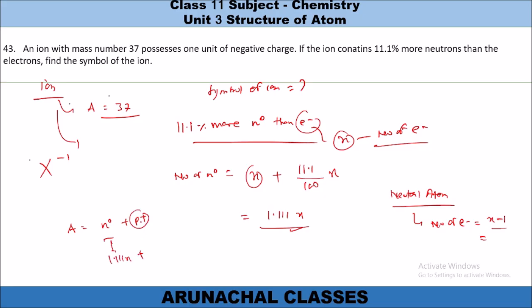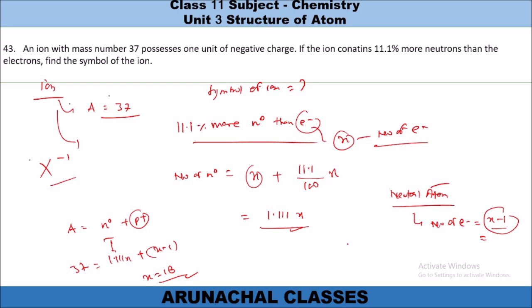The number of protons and electrons is equal if the atom is neutral. So we take the number of neutrons as 1.111x plus the number of protons, x minus 1. Adding these, we get the mass number 37. Finally we get the x value as 18. So x is the number of electrons in this particular ion.